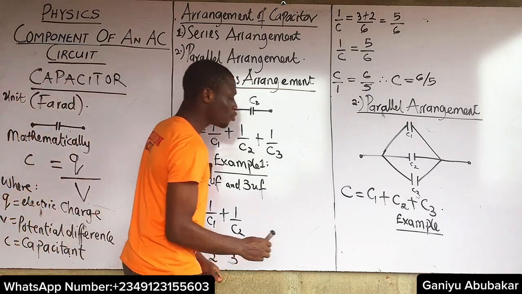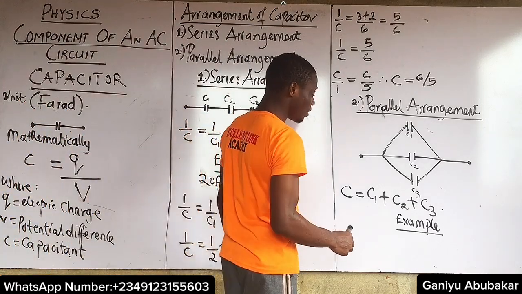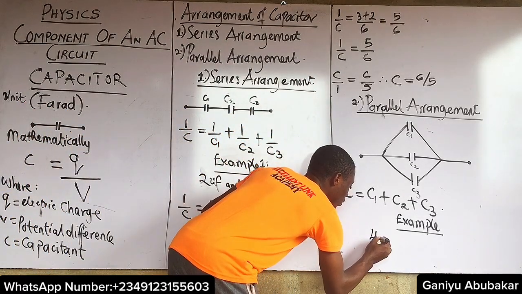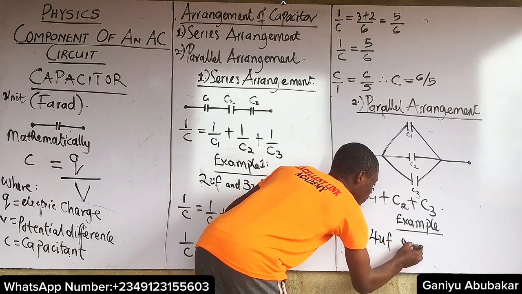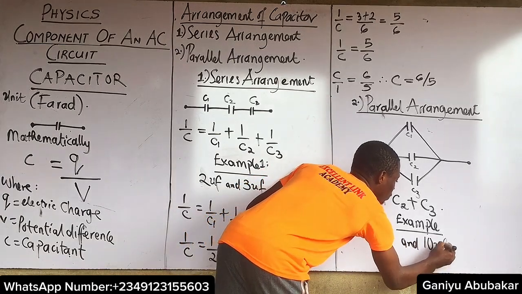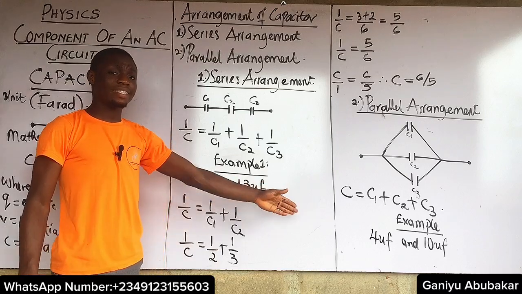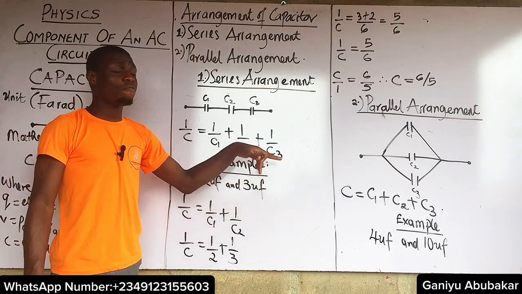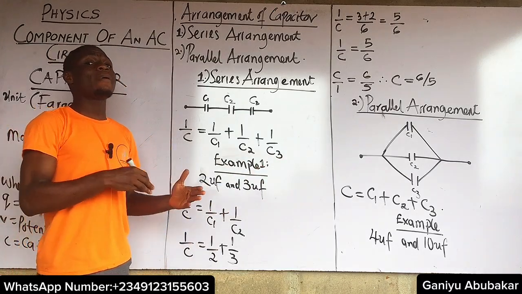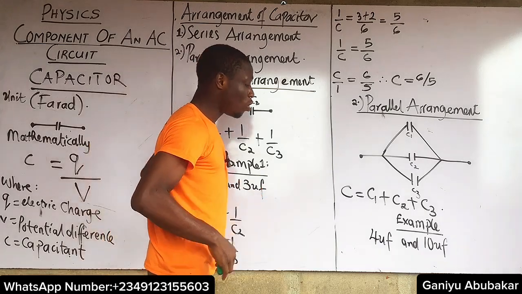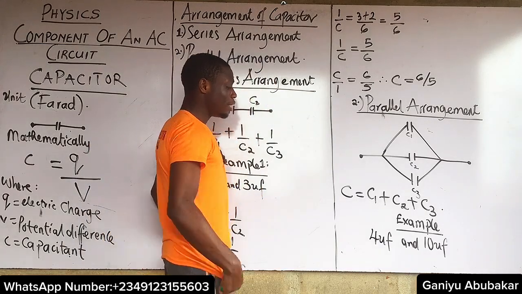So let's say I have 4 microfarad and 10 microfarad. These 2 capacitors of capacitance are arranged in parallel. So I'm going to find their equivalent capacitance. What do we do? Simply add them up.